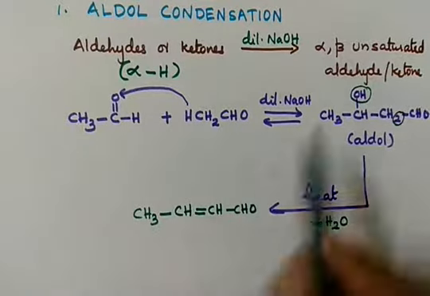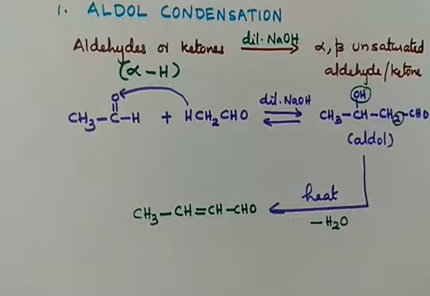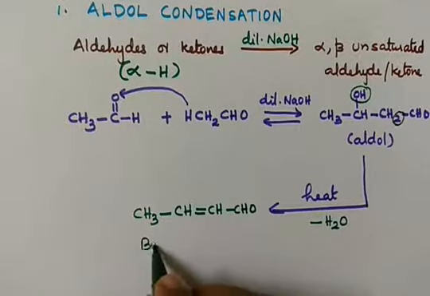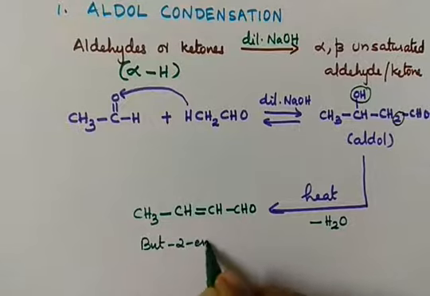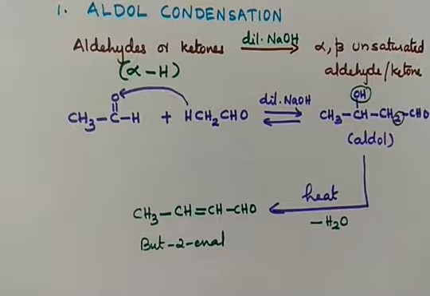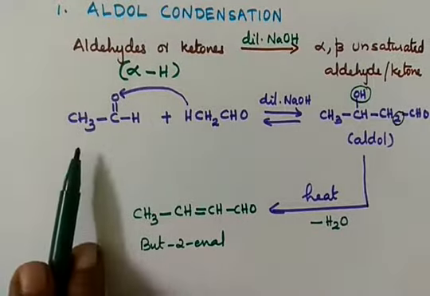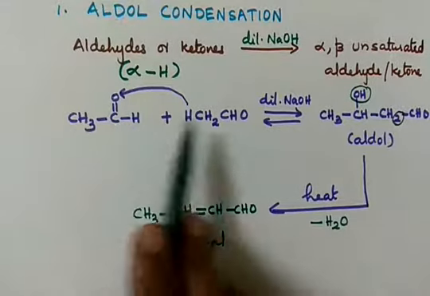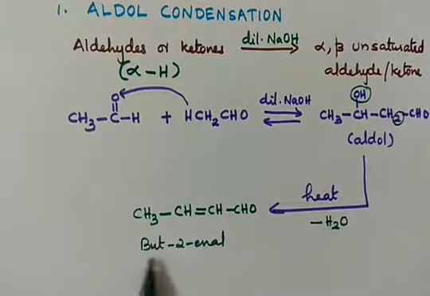This is the alpha beta unsaturated aldehyde, and the name of this compound is but-2-enal. So acetaldehyde or ethanal on aldol condensation gives but-2-enal as the final product.